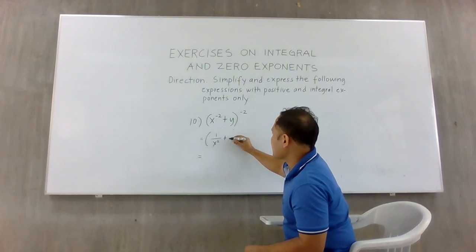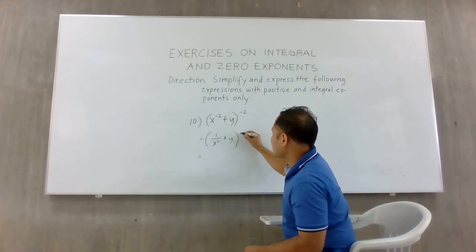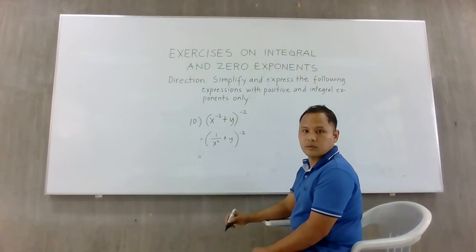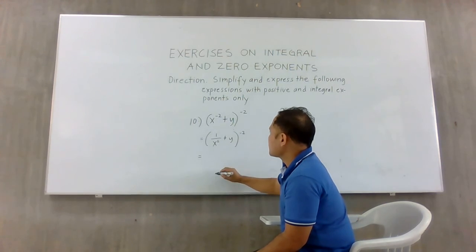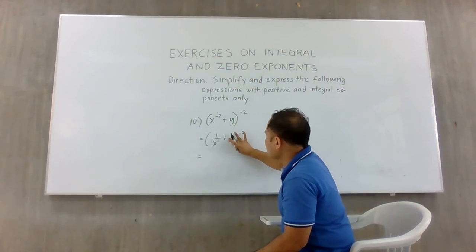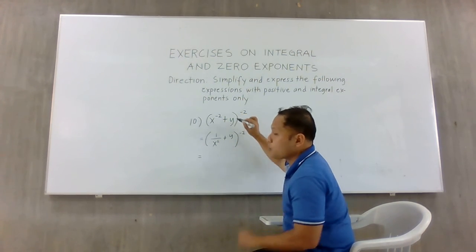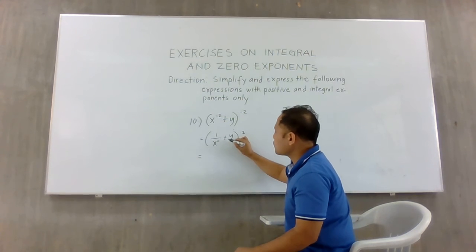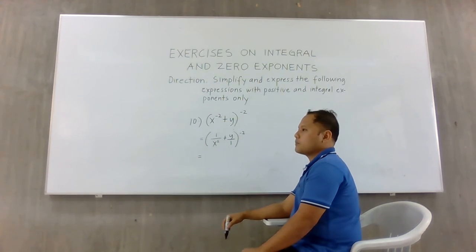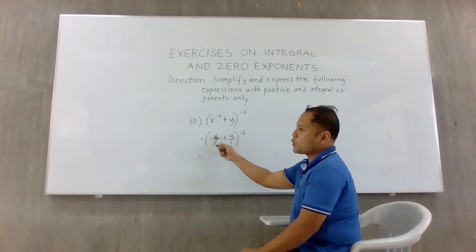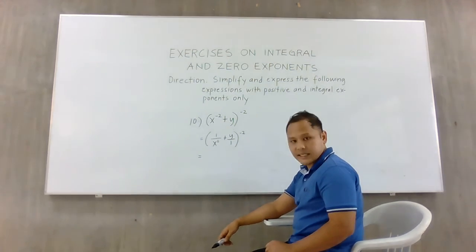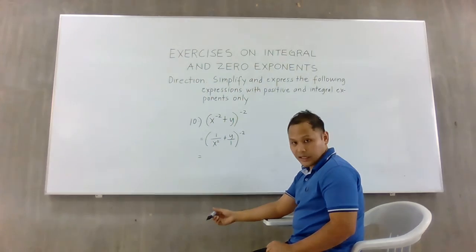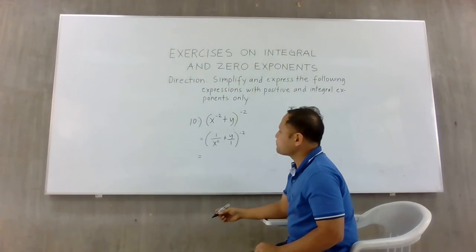Remember that y, because it is a single term, has no written exponent, so it is understood to have 1 as the exponent, and it is also understood to have 1 as the denominator. So what do you think is the least common multiple of these expressions inside the parentheses? It is x squared, obviously.